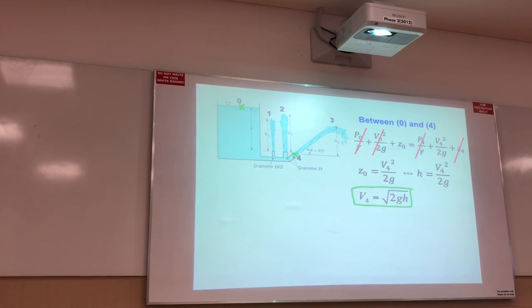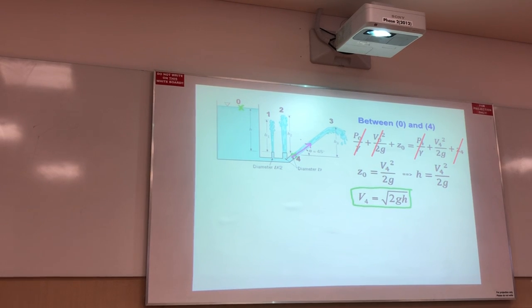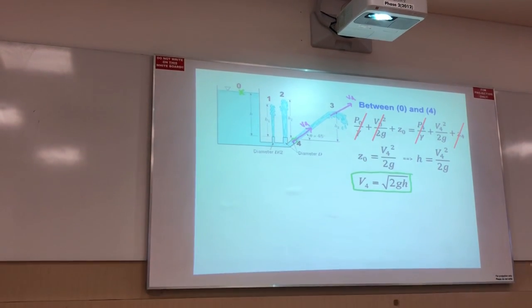Right. Now can you tell me what is the value of V3? Tell me. What is the value of V3? V4 is this direction, right? You take a look. V4, right? And V3 is in this direction, am I right?